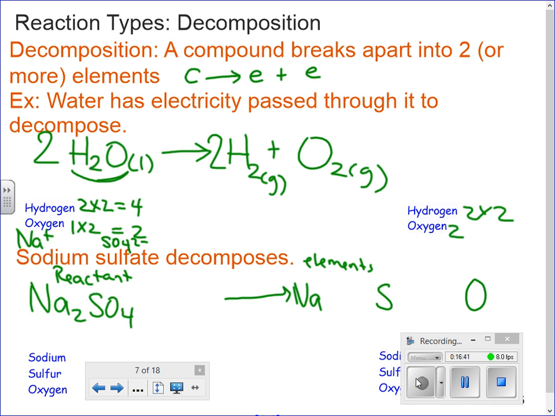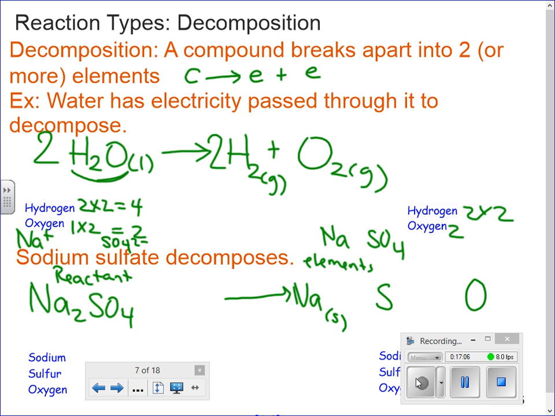I always break things down into each individual letter. So I did not write, for example, that my products were Na and SO4. And I'll tell you that is the most common wrong answer that people would give, is they would not split SO4 up into elements.